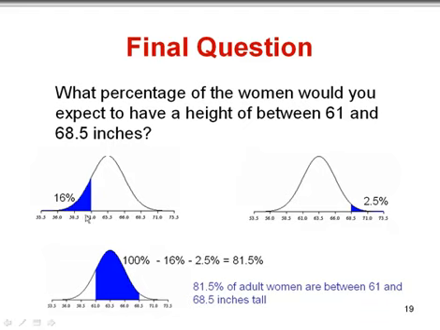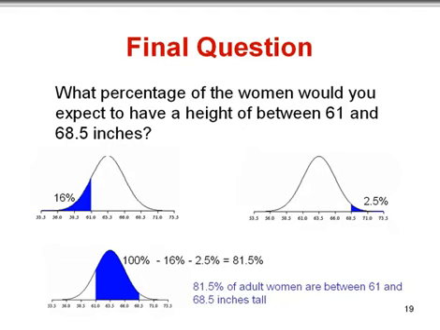Now 61 is exactly one standard deviation from the mean, and 68.5 is two standard deviations from the mean. And the graph at the bottom of the screen shows the shaded area that is referred to in the problem. All women between 61 and 68.5.